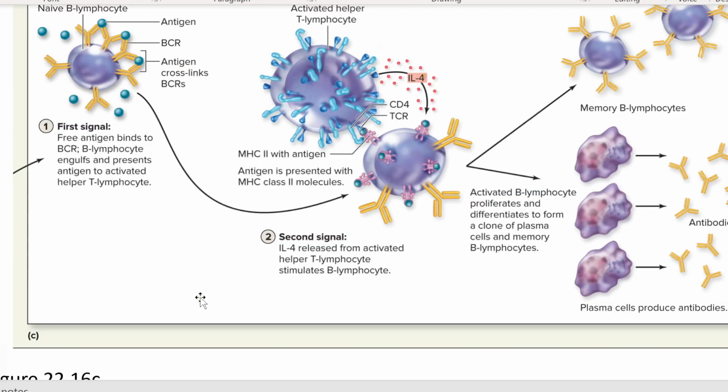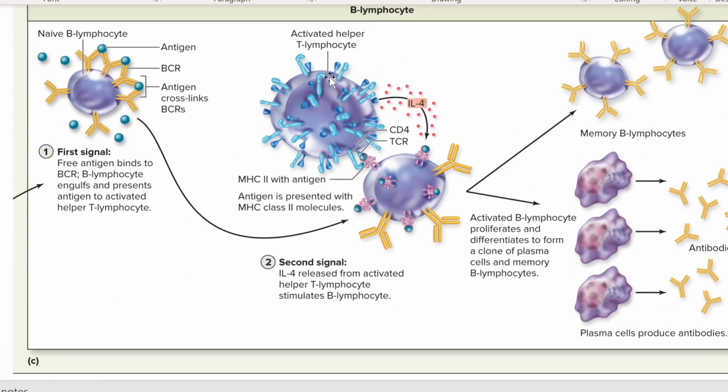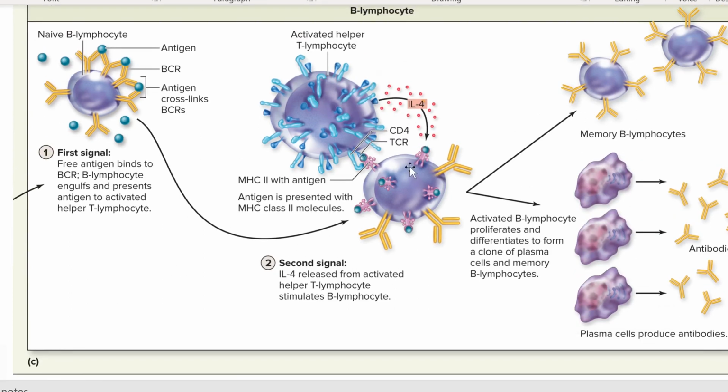So you can see here the B lymphocyte has picked it up and activated the T lymphocyte. There's MHC 2, picked up on the B lymphocyte. IL-4, interleukin-4, a different molecule, will then act upon the B cell and cause it to proliferate.